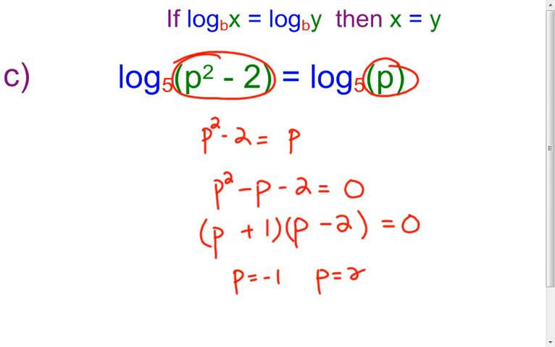So when I plug negative 1 in here, negative 1 squared is 1, minus 2 gives me a negative number. Same thing here. If I plug in negative 1 right there, that's not going to work. If I plug in 2, 2 squared is 4, minus 2 is 2, and that's okay. So I can plug this in. I cannot plug this in because I cannot take the log of a negative number. Okay, I cannot do it.